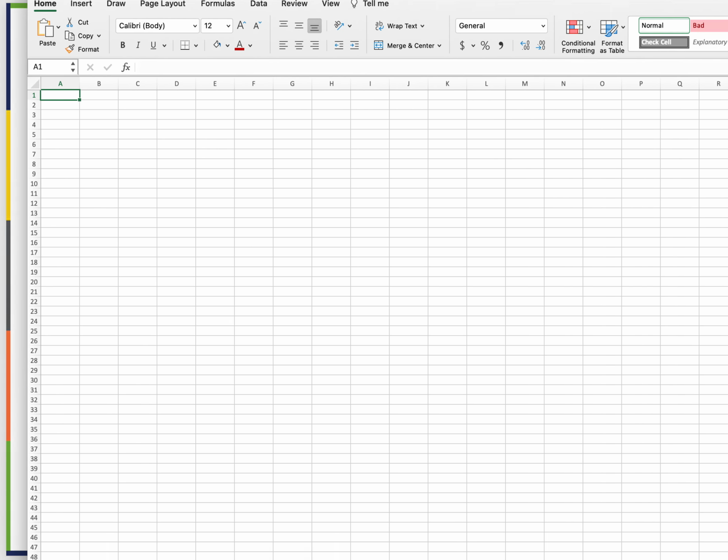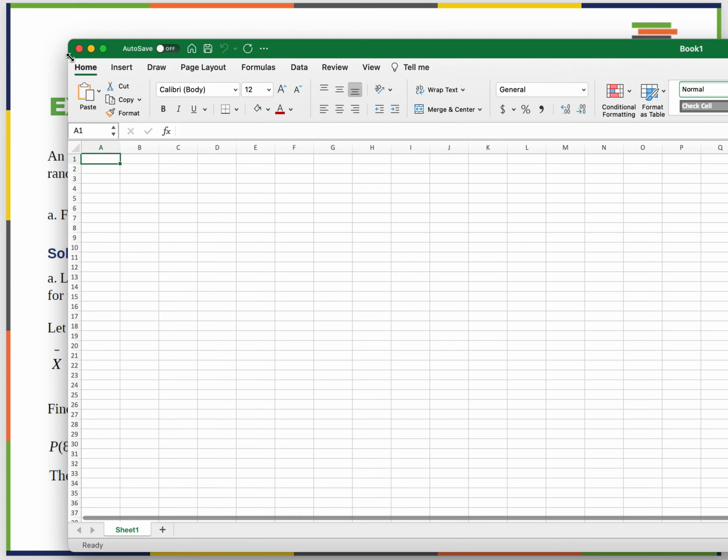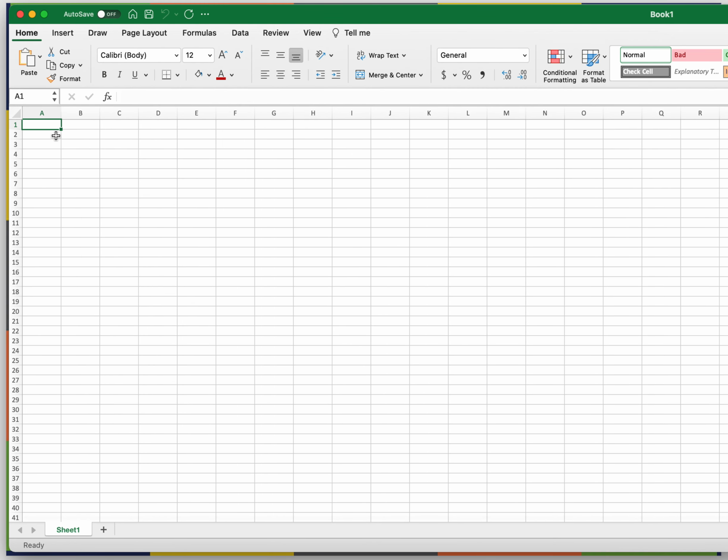Let's go here, and let me make this smaller and readable. So we have population, mean, standard deviation, and we have n, which is the sample size.